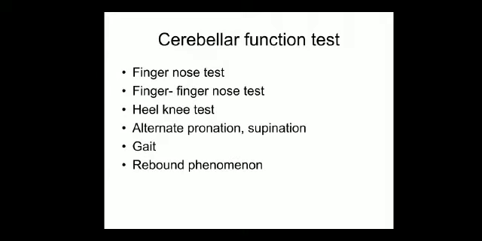That breaking of the movement is done by the cerebellum. If you can't break the movement, he will go and slap his face. If the cerebellum is intact, it immediately sends information from the proprioceptors so that you should stop the movement. That is the function of the cerebellum, and that is the rebound phenomenon.